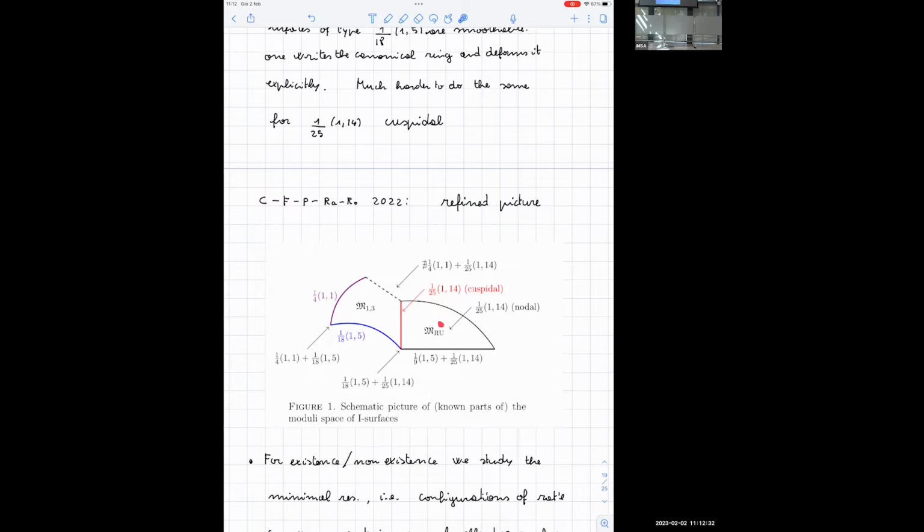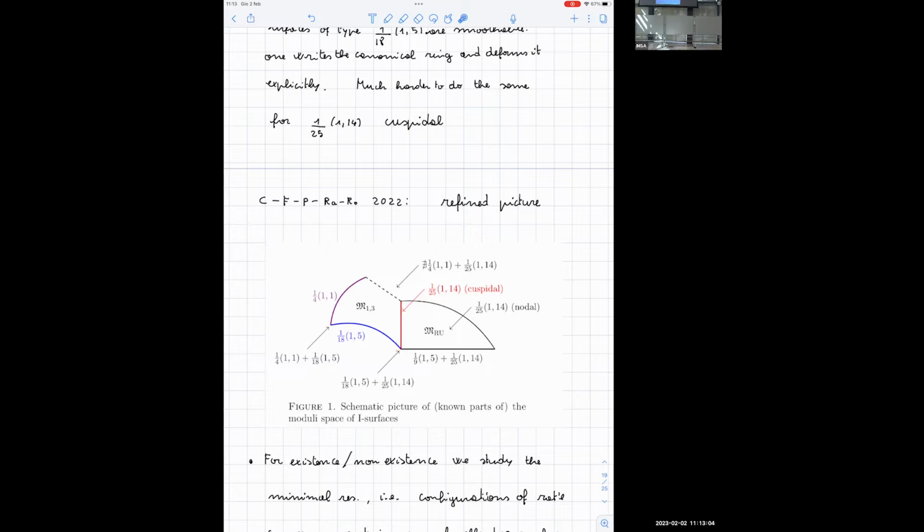This corresponds to the singular surfaces of index 5. I forgot to tell you, RU stands for Rana because the first example in the literature of this surface is in a paper by Rana. And so what we did, we showed that the conjecture was true, like the Rana surfaces arising from the cuspidal construction are smoothable.